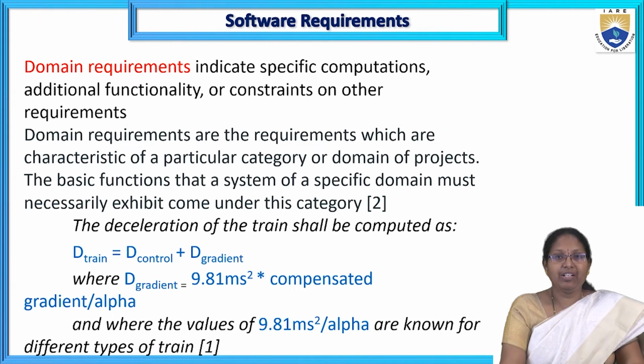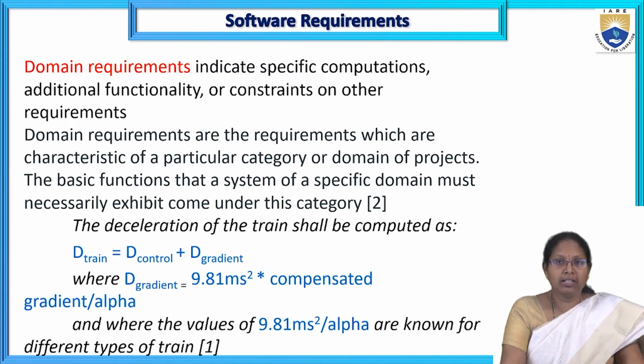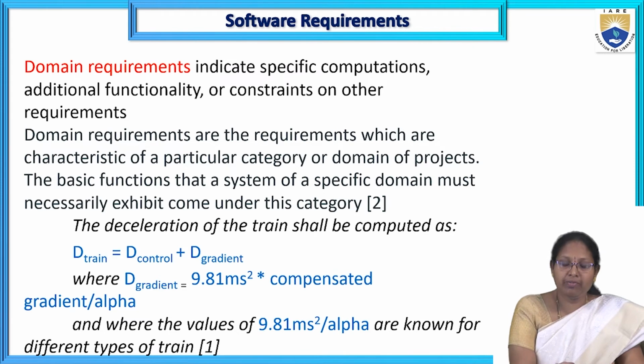Other kinds of requirements are domain requirements, as well as specific components. These are additional functionality that we have to add, particularly in calculations of some expressions or other data. Then we have to use the domain requirements.